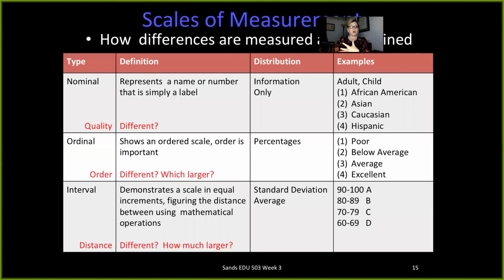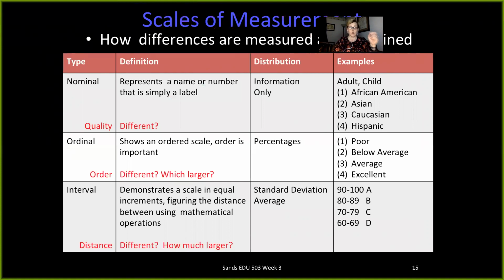So this chart describes nominal, ordinal, and interval measurement. You can read that on your own. You can walk yourself through it, but the pieces of measurement need to be added to the research problems this week. Most everyone will have nominal measurement.